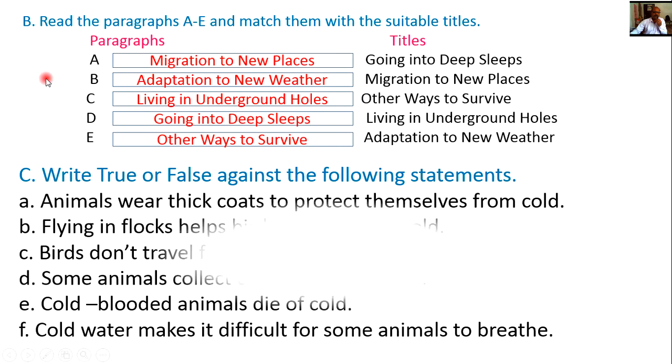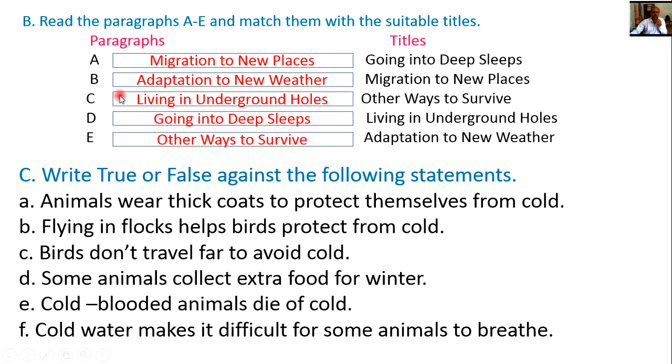After that, write true or false against the following statements. Animals wear thick coats to protect themselves from cold. That is true or false? Certainly false. Flying in flocks helps birds protect from cold. This is also false.